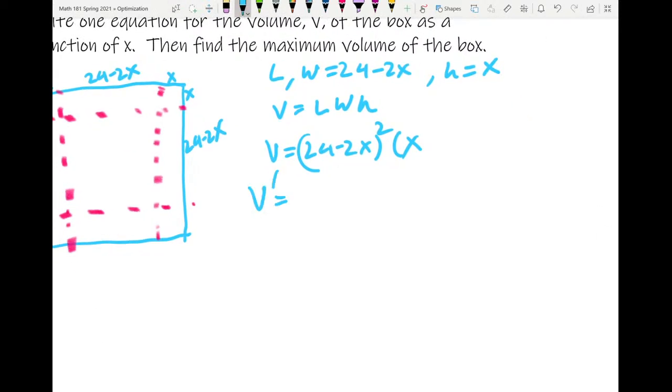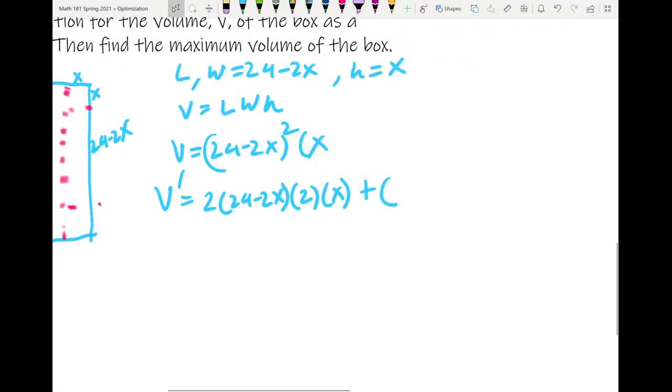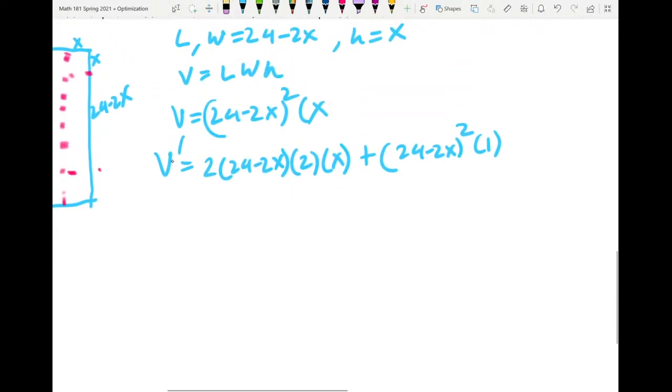Volume prime, we use the chain and product rule: 2 times 24 minus 2x times negative 2 times x, then the product rule, plus 24 minus 2x squared times 1. And we set that equal to 0.